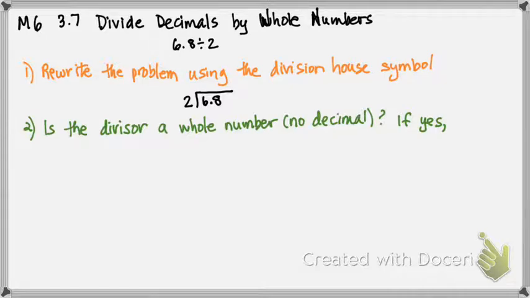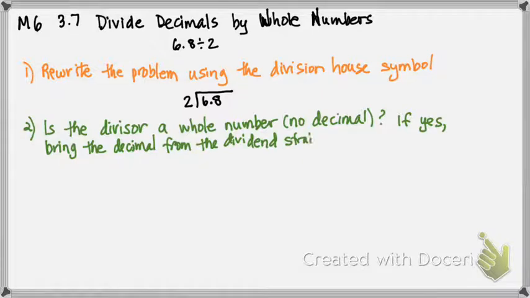So if yes, we're going to bring the decimal from the dividend straight up into the quotient, because remember the answer to a division problem is a quotient.